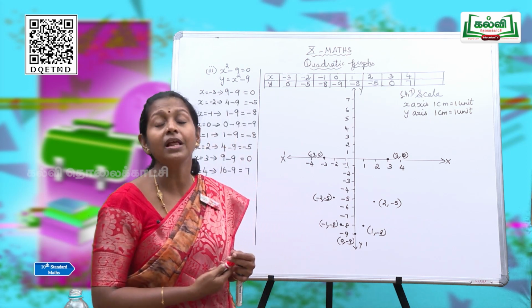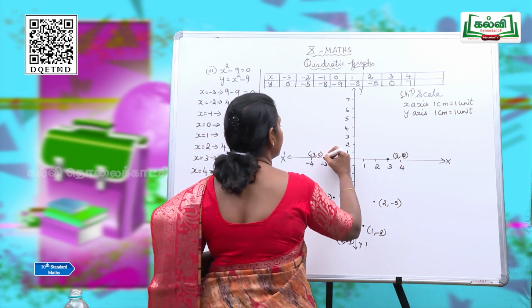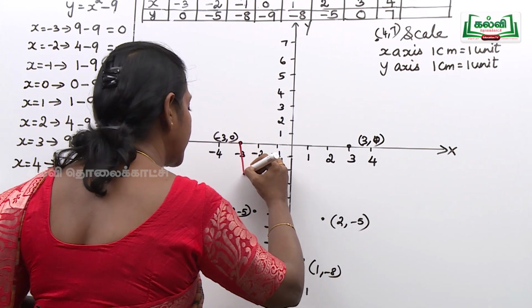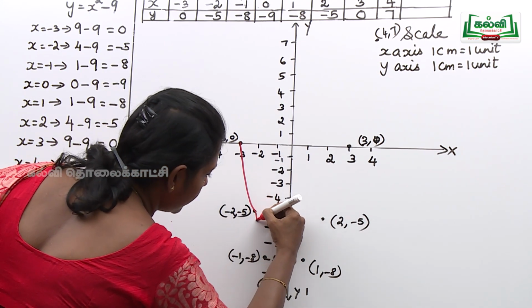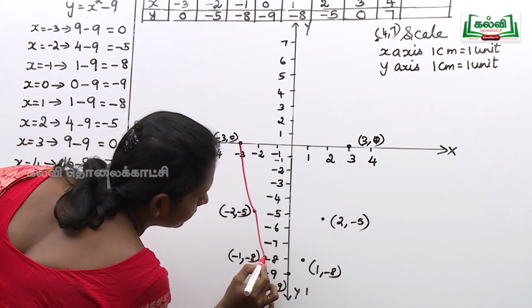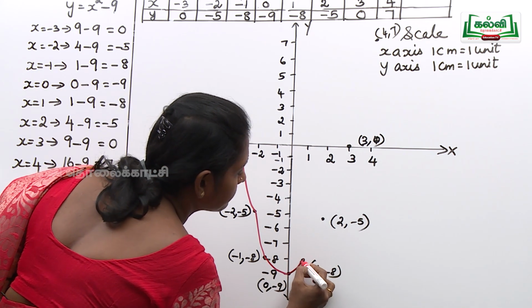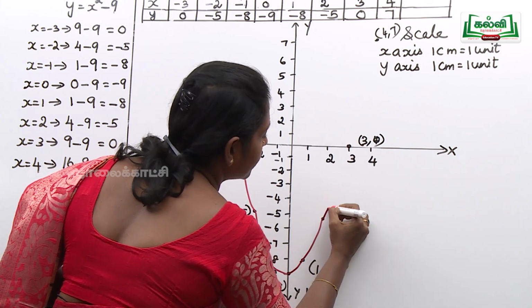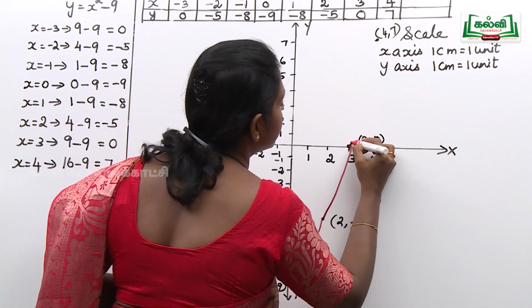We will join all those points and check. First, this point, right? From this point, you have to join. You will be getting a small curve. Join this with this. Slowly, it is coming down. See? And it is touching the y-axis. Here, it's coming here. And again, you have to join from here to here. At last, you have to join this point with this 3, 0.